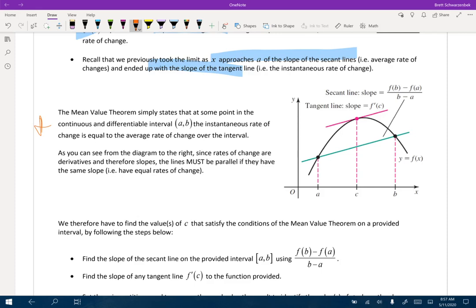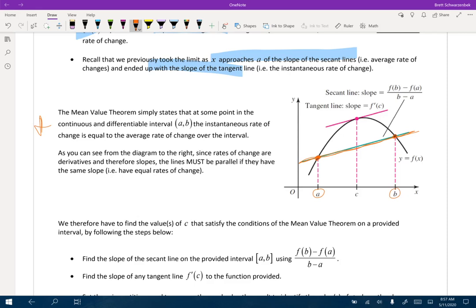So the idea here is, what's the whole entire theorem about? Let's break this down. Let's say I have 2 points, and I draw a secant line through those points. Those points are the endpoints of the interval that we're actually talking about.